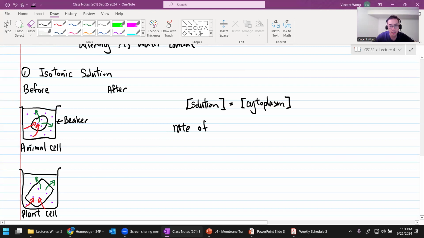Rate of water leaving the cell equals rate of water entering the cell. No net water movement.